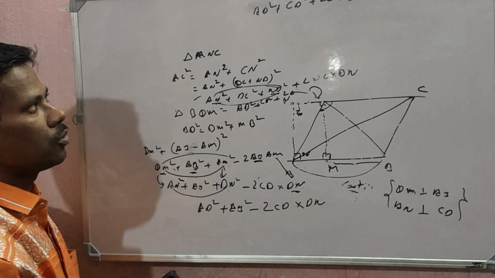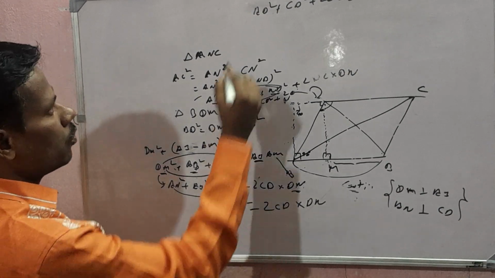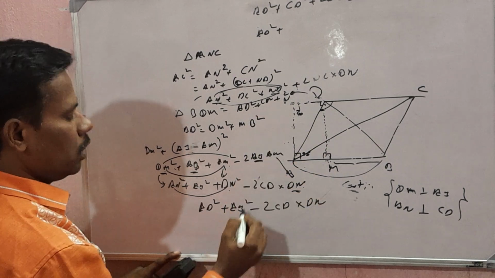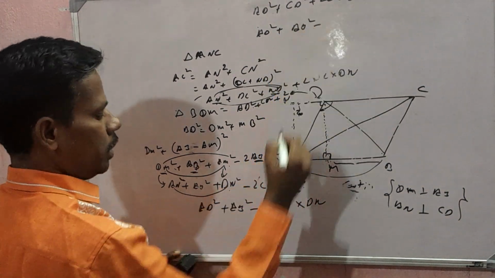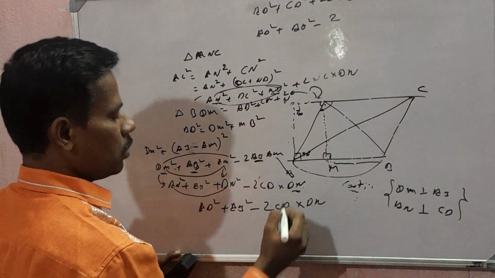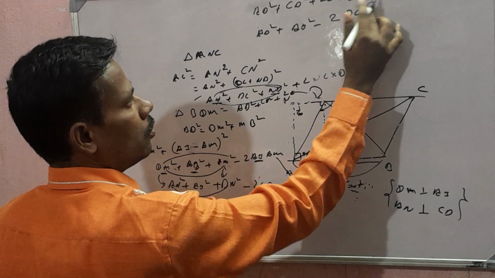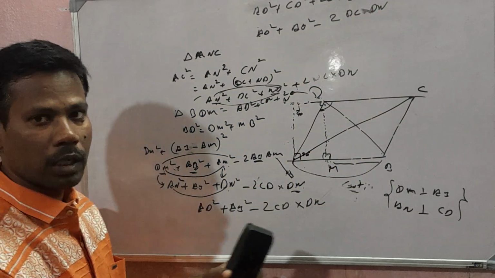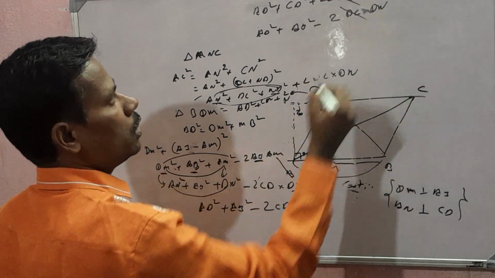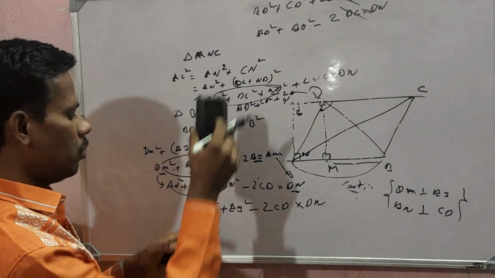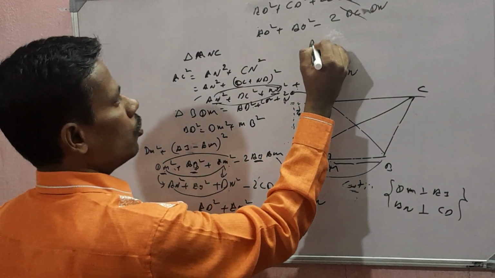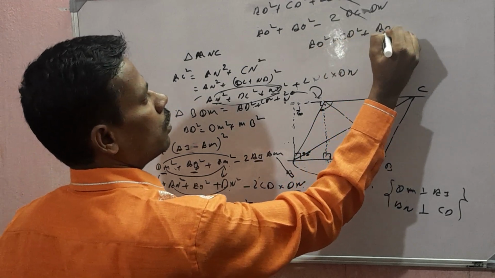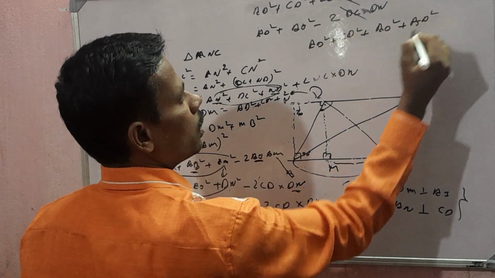Now we have to add these two. AD square plus AB square minus 2 times DC into DN. The 2 DN DC gets cancelled. You have to add these two. So AD square plus CD square plus AD square plus AB square.